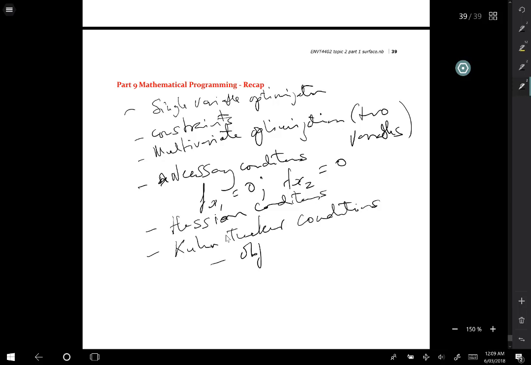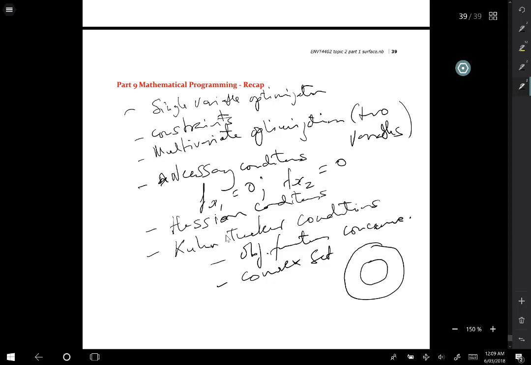So objective functions should be concave, and we introduce the concept of a convex set. You can think about that as a set without holes.